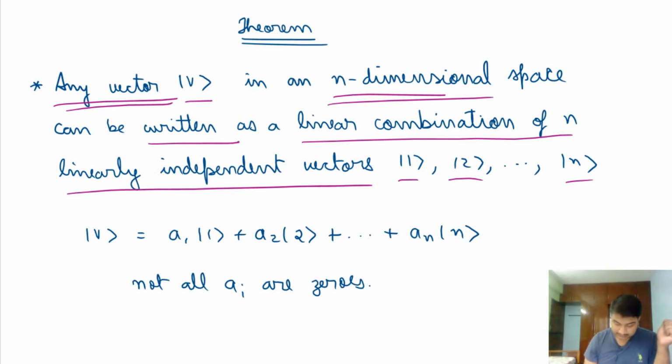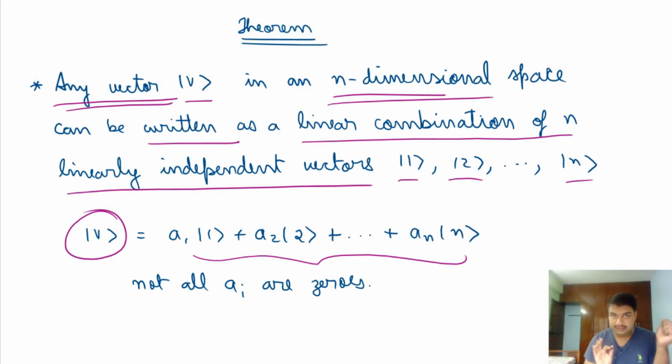It means that any other vector apart from these n linearly independent vectors, and since the dimension is n, there can be only a maximum of n linearly independent vectors, I can write as a linear combination of these n linearly independent vectors, such that not all of the ai are zeros.